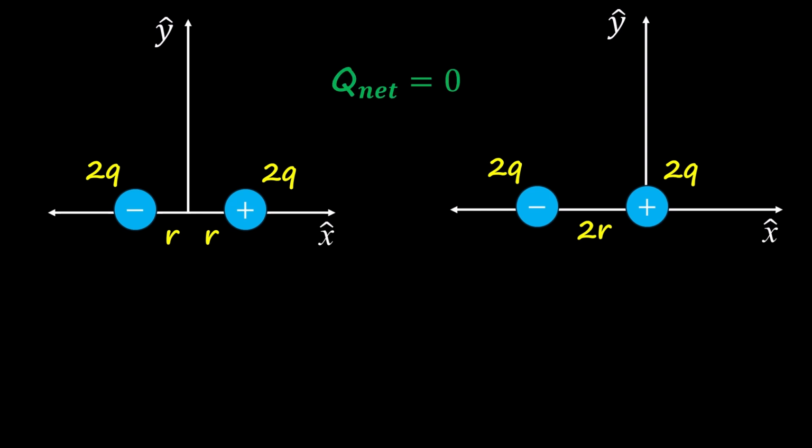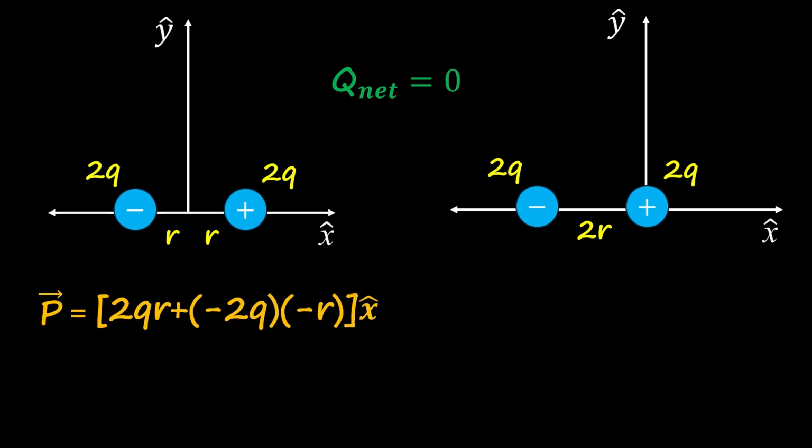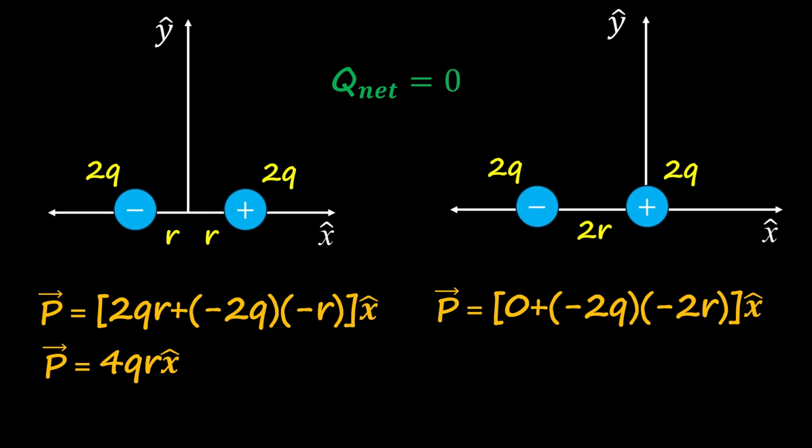Now the dipole moment for the one on the left hand side we can calculate, and after simplification we will get that the P vector is equal to 4QR x cap. But what about the one on the right hand side? So for this, we will get this expression. 0 is coming because the plus 2Q charge is at the origin, so the R vector will be 0.